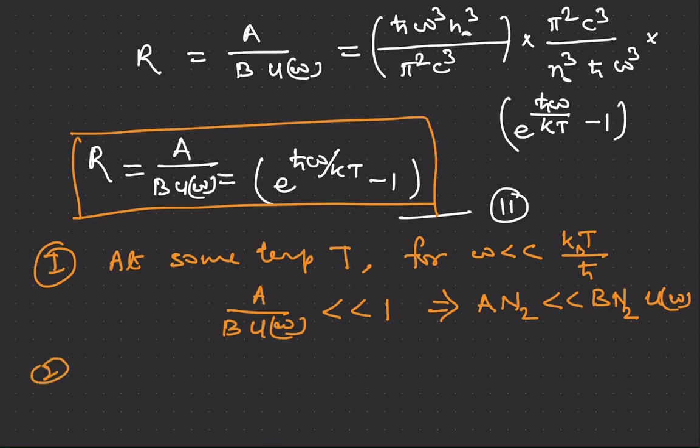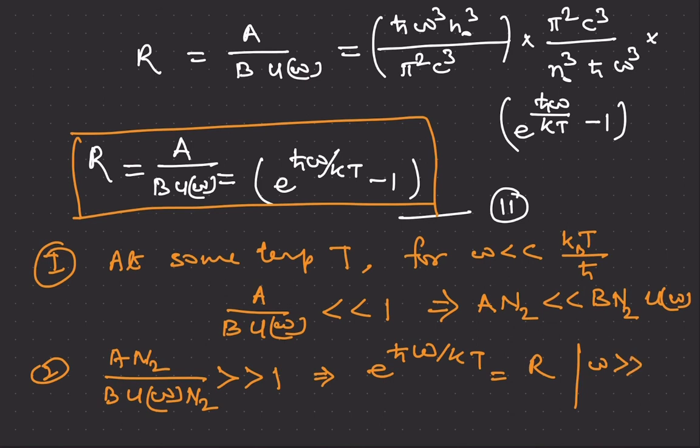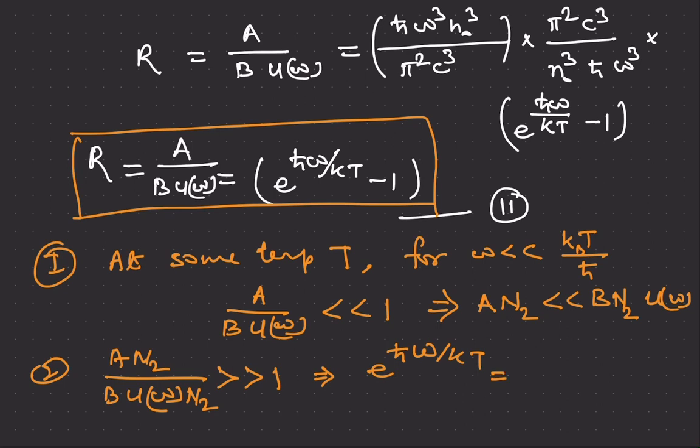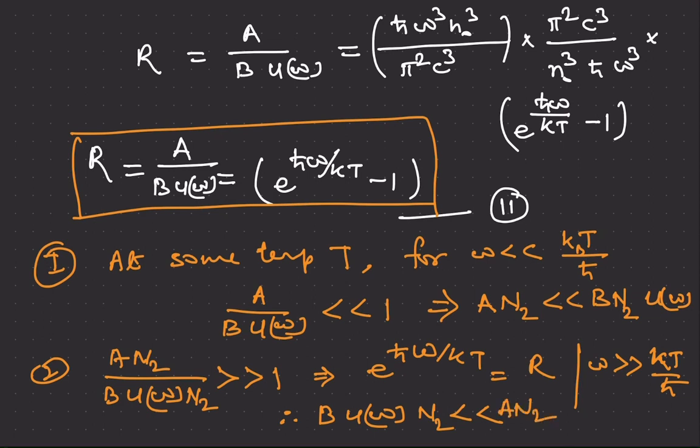Now case number 2, when omega is greater than kT by h cross, A N2 by B N2 U omega is greater than 1, e to the power h cross omega by kT is equal to R, and therefore in this case B U omega N2 will be very much less than A N2, and in this case spontaneous emission dominates.